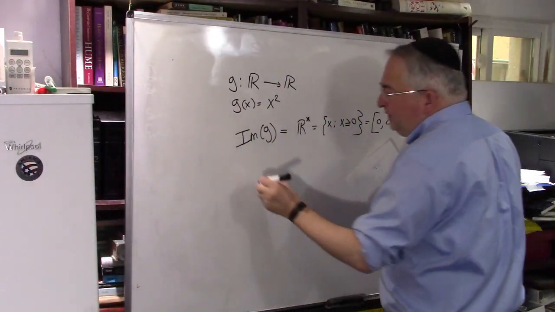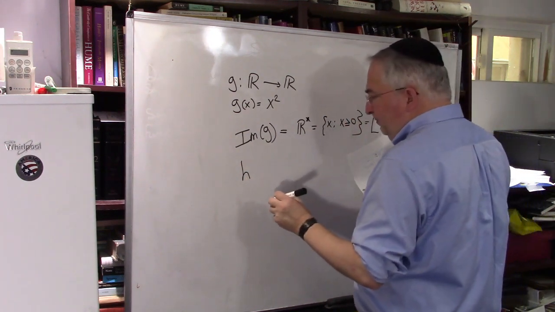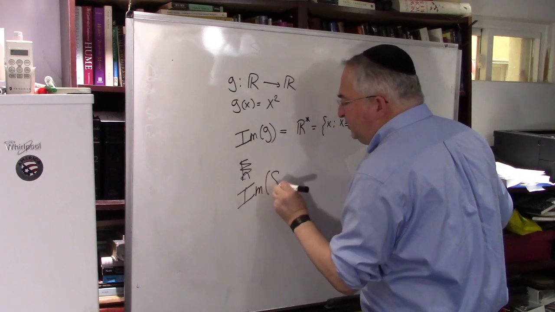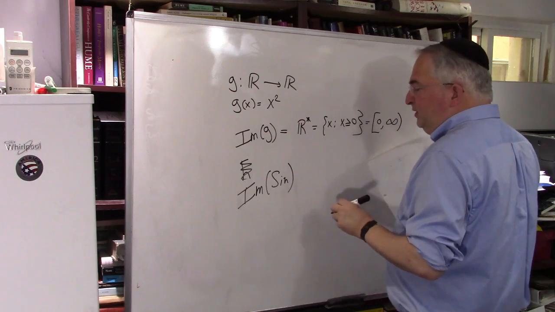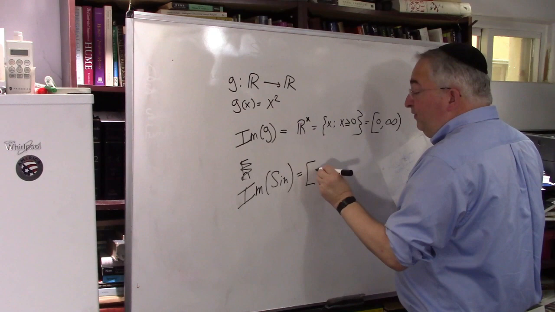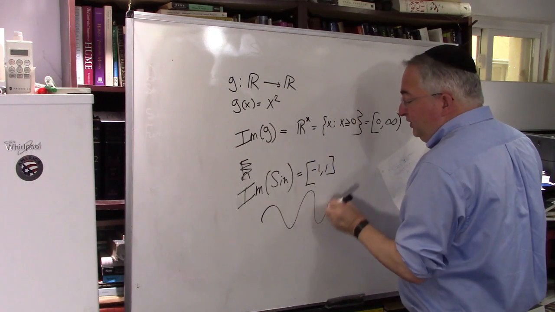How about this? We had a function h, I don't remember. I don't even want to write it. We'll write it like this: the image of the sine function. Again, we're not doing trigonometry here, but the image of the sine function, the possible output, is the interval from -1 to 1. Remember the sine function does this.